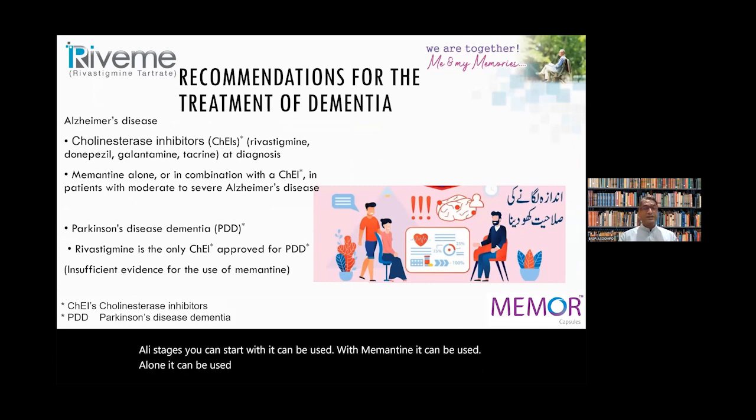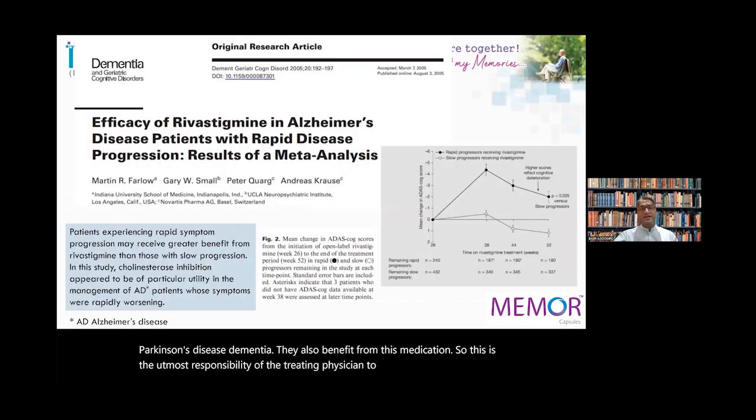Sometimes people with Parkinson's disease present with memory loss, so they have Parkinson's disease dementia. They also benefit from this medication. So it is the utmost responsibility of the treating physician to diagnose as early as possible, so that you can halt the disease.